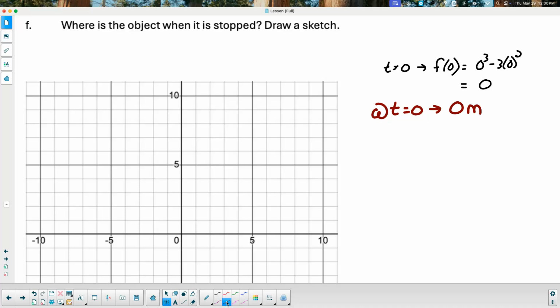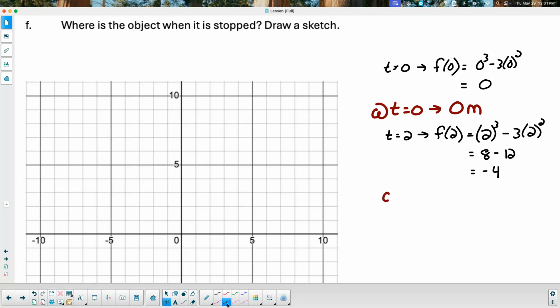But then we also stopped at t equals 2. So I need to find f of 2, which is going to be 2 cubed minus 3 times 2 squared. 2 cubed is 8. 2 squared times 3 is 12. 8 minus 12 is negative 4.